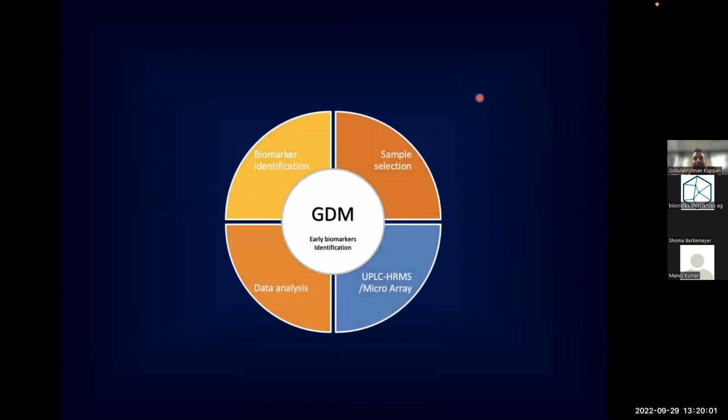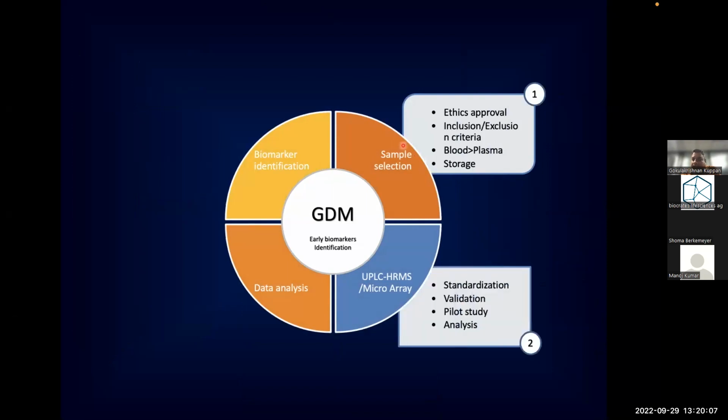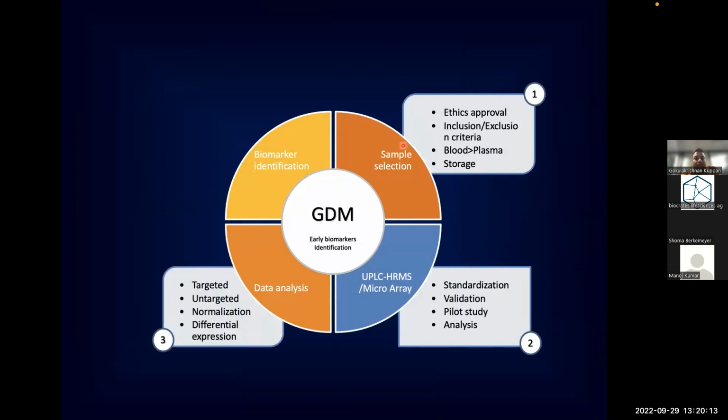In this, we have already completed sample selection, ethical approvals, and all the preliminary things, and we have completed the standardization, validation, and further data acquisition as well. Now we are concentrating on the data analysis aspects, like targeted and untargeted analysis, normalization, and differentially expressed metabolites.